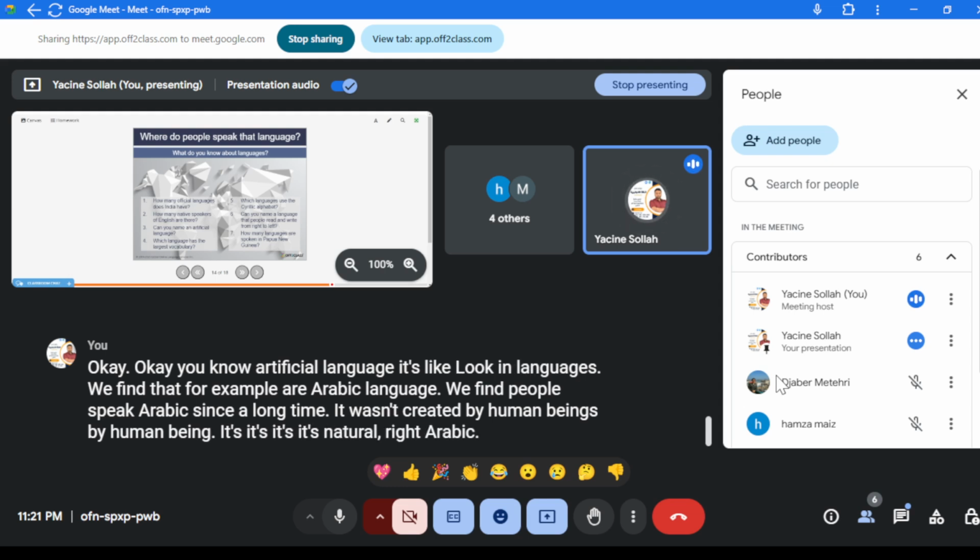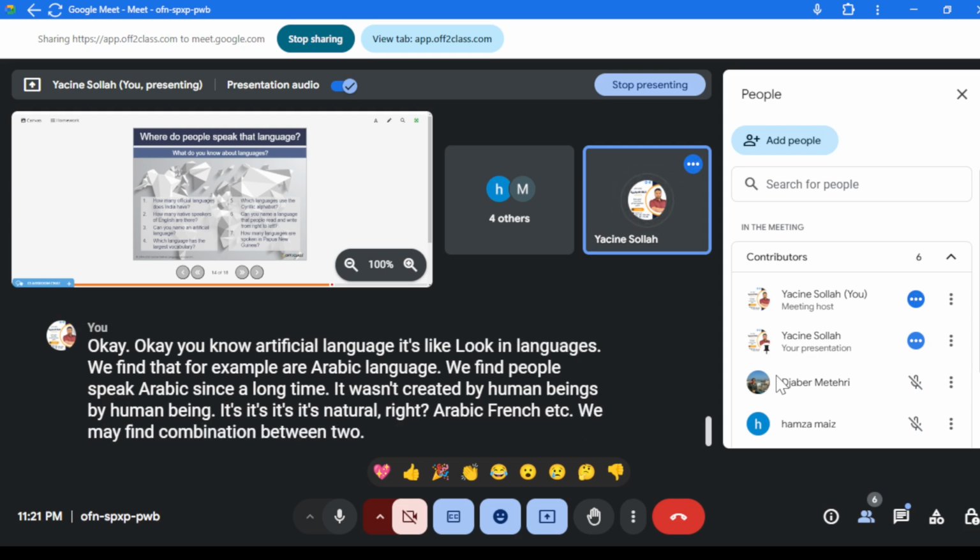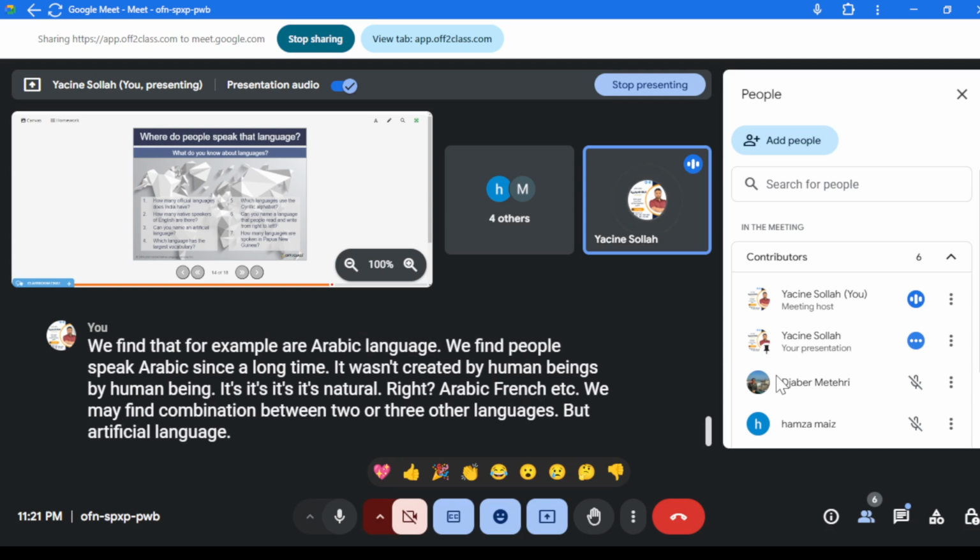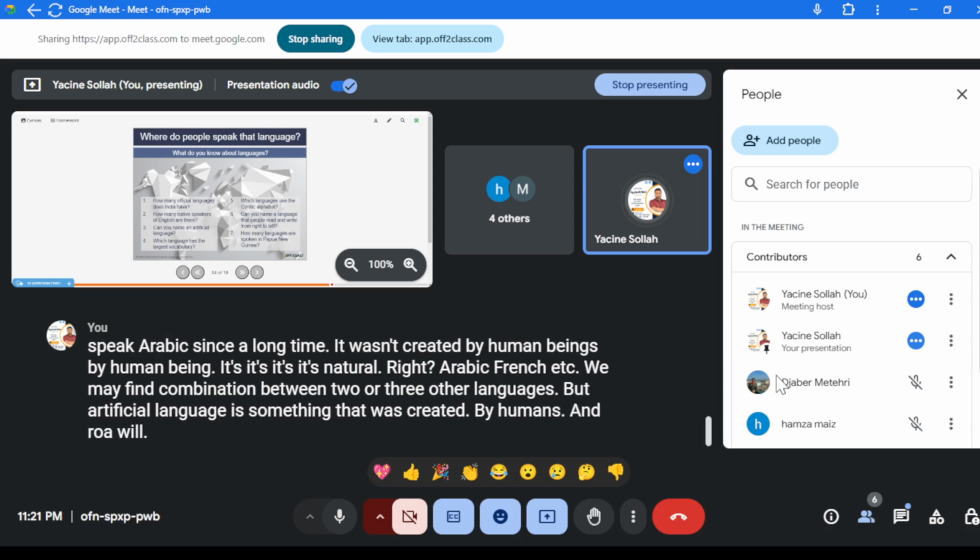Arabic, French, etc. We may find a combination between 2 or 3 other languages. But artificial language is something that was created by humans, invented for some purposes, of course.